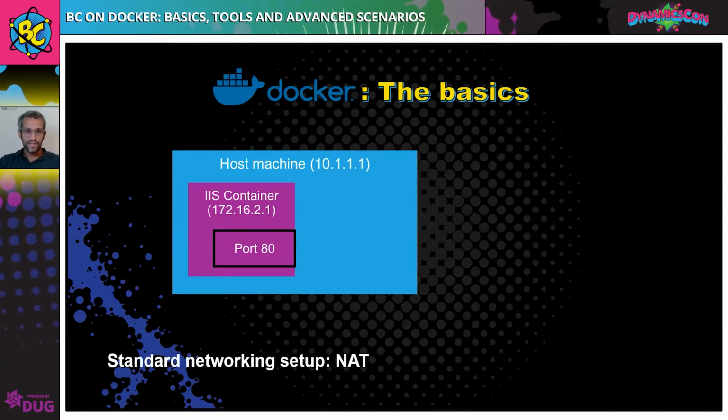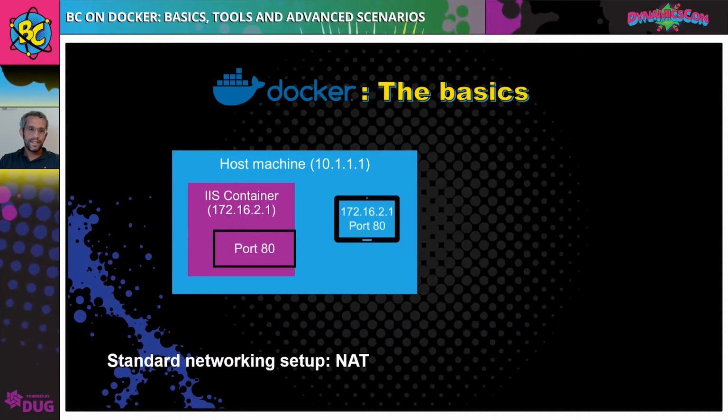So if we have, for example, a host machine, it has an IP address of 10.1.1.1, and then we have a container. In that example, it would be a simple web server that is listening on port 80 and has that 172 internal IP address. That means that if I open a browser on my host machine, on my laptop or wherever, and I connect to that port, that of course works because I have a direct connection.